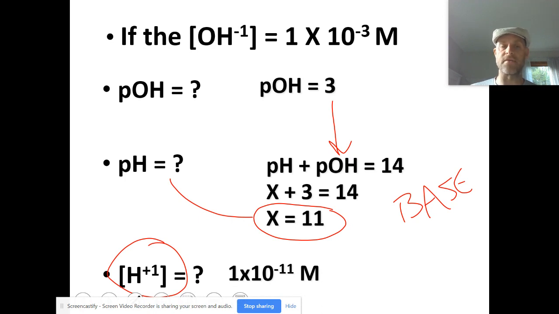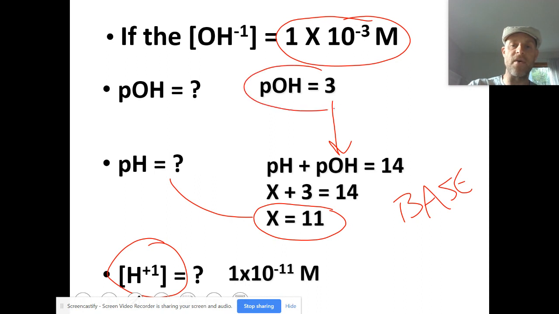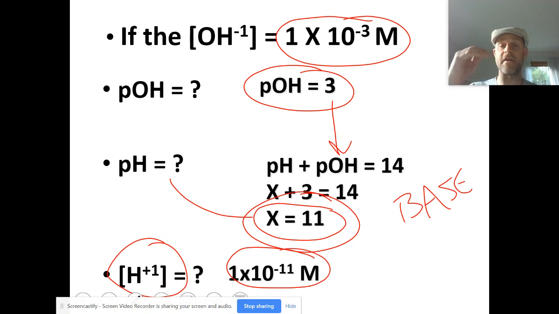So look what we have. Here's the concentration of hydroxide ions, OH minus. Here's the pOH. Here's the pH. Here's the concentration of hydrogen ions. You're figuring out 4 things. And if you have one of those things, you can figure out all of those.